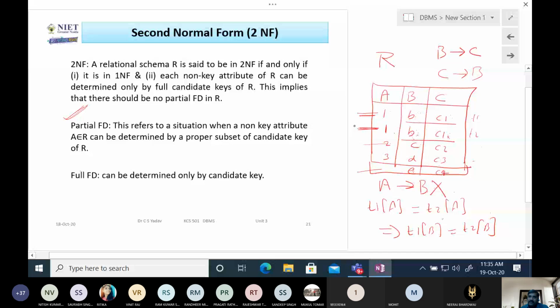The attributes which form any candidate key are called prime attributes or key attributes, and the attributes which are not involved in the formation of a candidate key are called non-key attributes or non-prime attributes. This terminology should be clear to all the students. Why? Because in the definition of the normal form we will use these terminologies: non-key attributes, key attributes, then functional dependency.